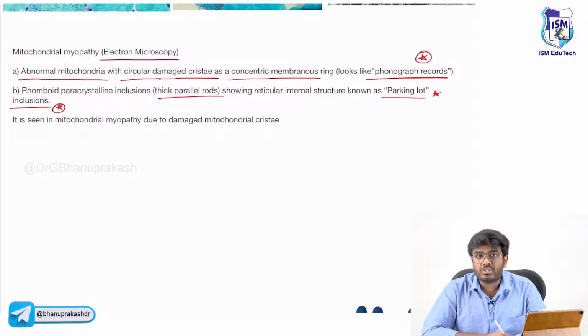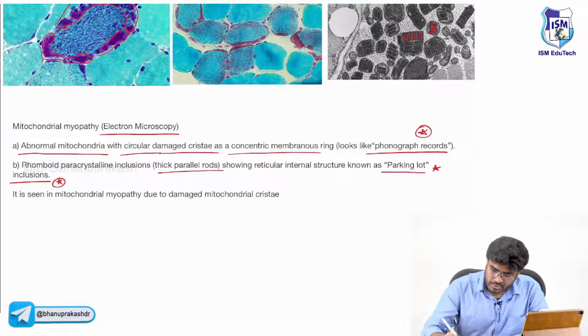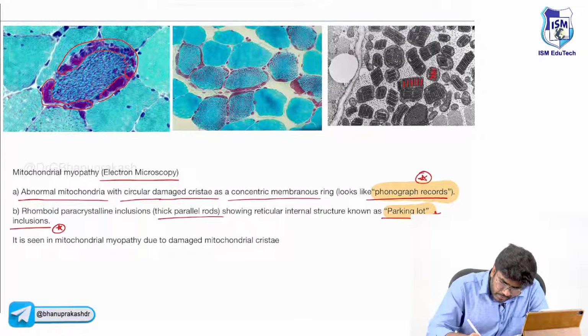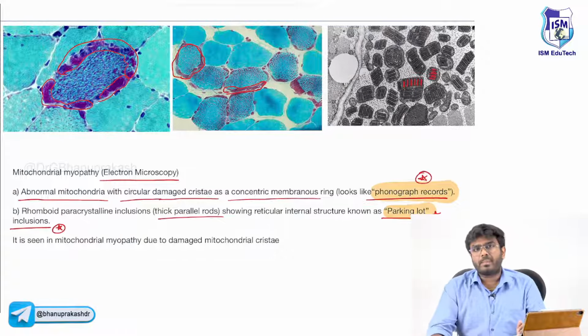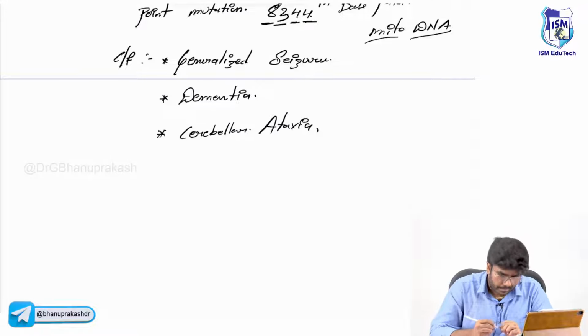For your exam, especially the Central Institute exams, you should know phonographic records are seen. These red ragged fibers in the periphery of the muscle are nothing but mitochondria. Done. So after MERRF, now let's go with NARP.